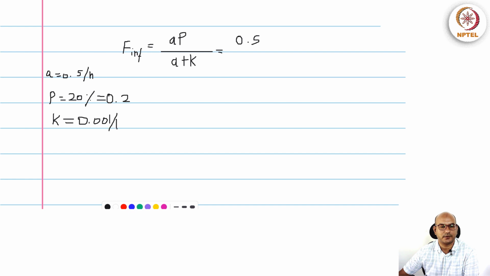So our F_inf will be 0.5 multiplied by 0.2, divided by 0.5 plus 0.001.